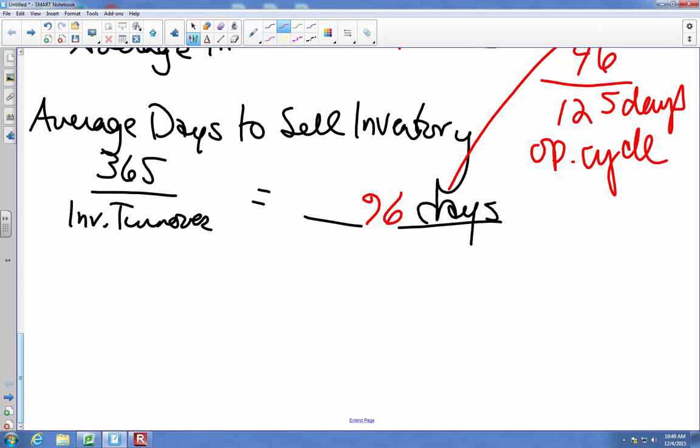Okay, the last asset management ratio, and then we'll move on to the whole next set of them, is called, and they do this a little differently than I do, so sorry, total asset turnover. This is still under the broad liquidity. This isn't really liquid. This is just asset management.